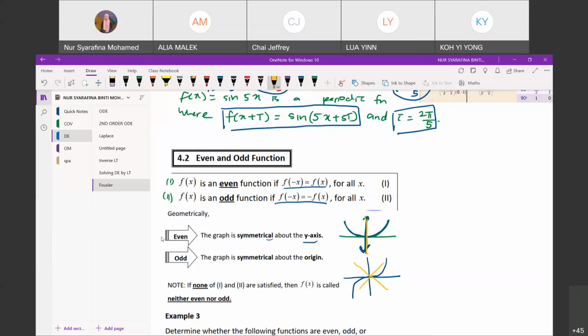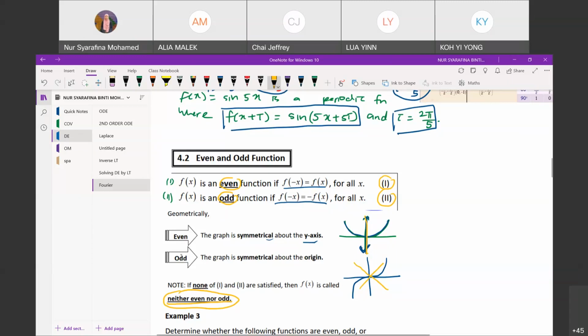If neither of 1 and 2 is satisfied, if it is not even and not odd, then we call it neither even nor odd. So there are three types of function: even function, odd function, and neither even nor odd function. These three will determine what type of Fourier series expansion we use after this.